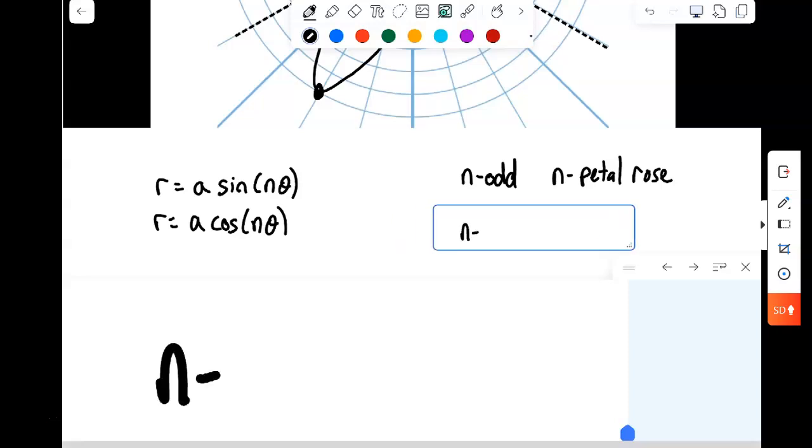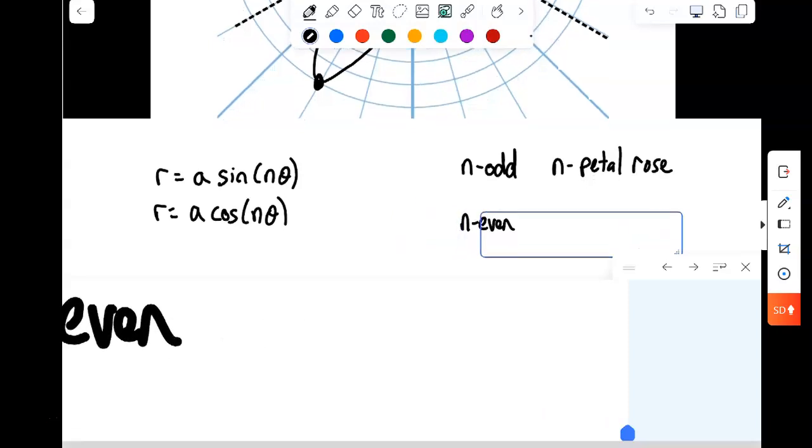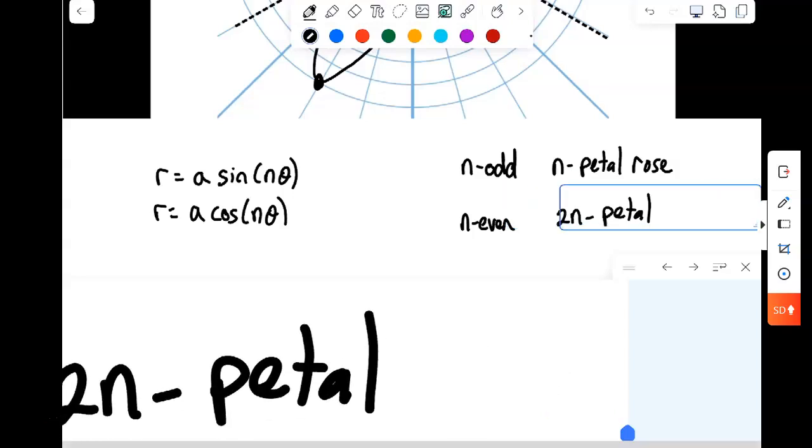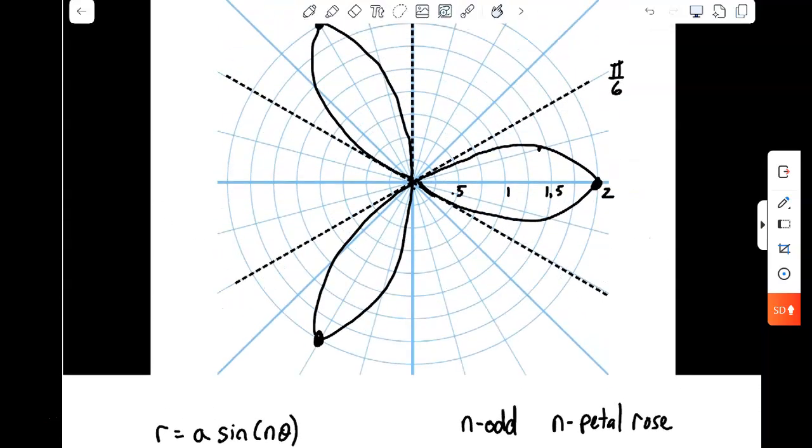And if n happens to be even, then you're actually going to get a rose with 2n petals. Because what happens in the odd case is, once you get halfway through, you've got the whole graph. That doesn't happen with the even ones.